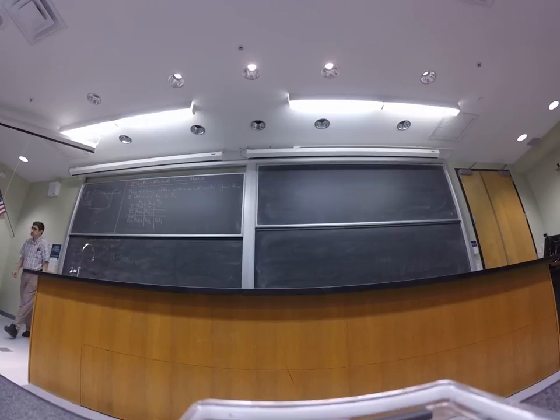Perpetual oscillations, never dying out, but never blowing up either. The value of Kc that causes that is the ultimate gain. So this is Kc absolute value less than Ku absolute value. This is Kc absolute value greater than Ku absolute value.